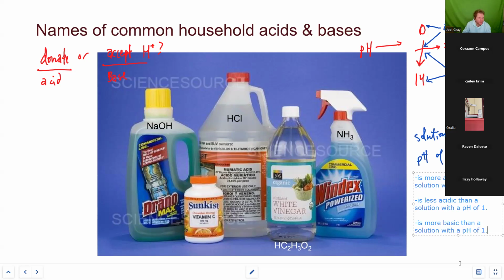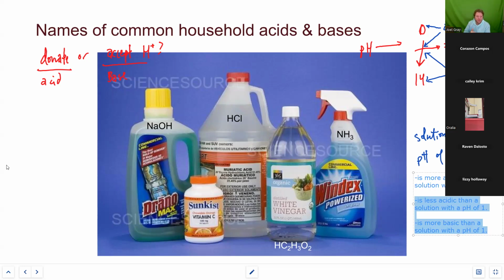I want to highlight these last two items because we're doing a comparison of a solution with a pH of 3 and a solution with a pH of 1. We're comparing these two solutions, but using different terms for them, putting them in the context of how acidic and how basic they are relative to one another. So I want you to be comfortable reading that sentence and saying, yes, that's true, or no, that's not true.